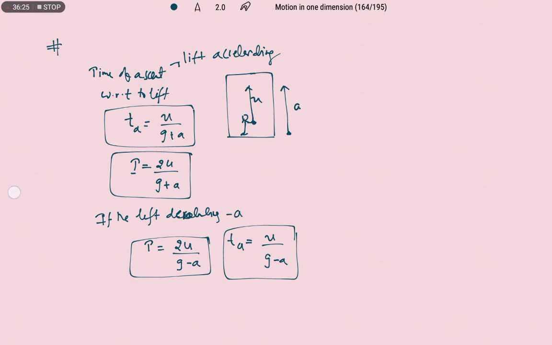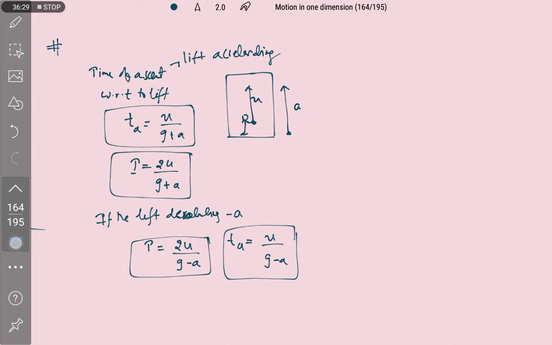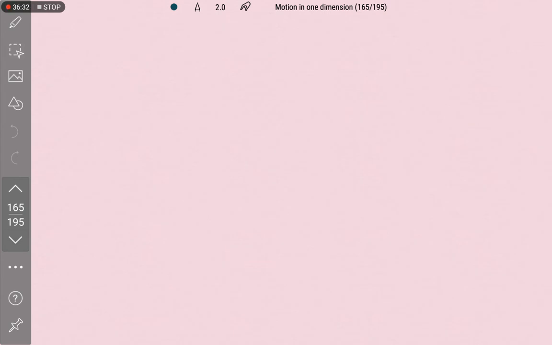Okay. Now let us discuss one more application related to the freely falling body. Let us consider a freely falling body.